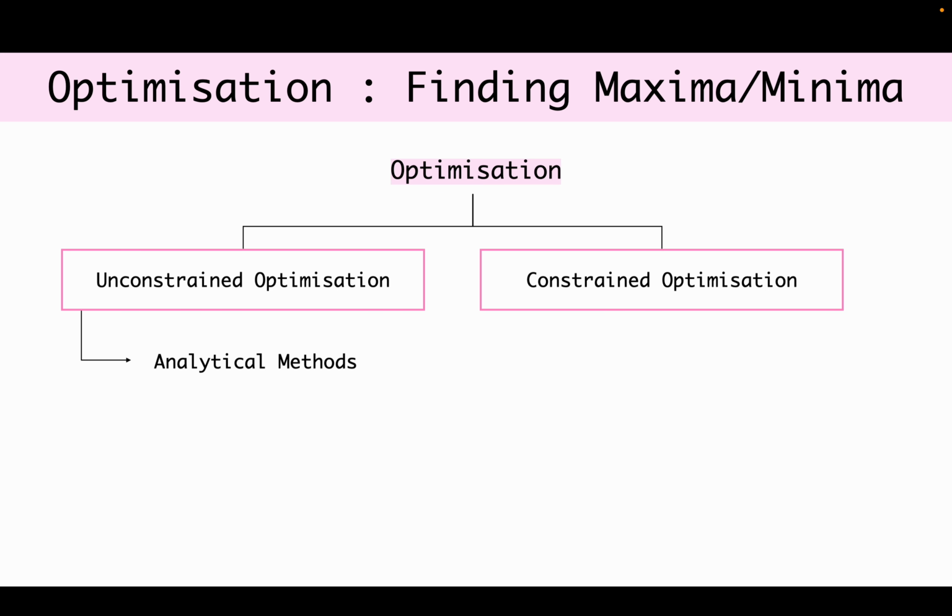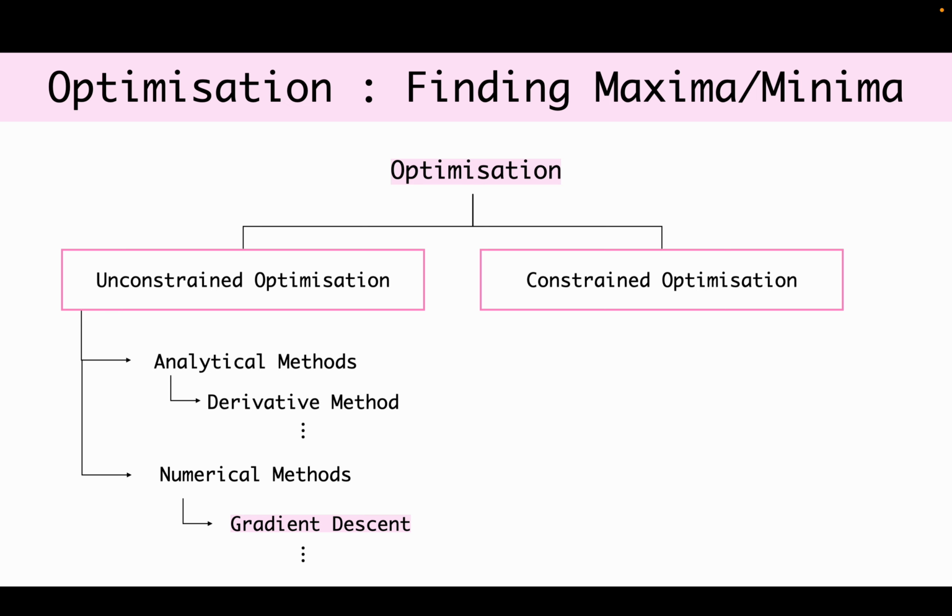So in unconstrained optimization, we have broadly two different kinds of methods. First are analytical methods, which are based on calculus, and the second are numerical methods, which are iterative methods. That's where we have gradient descent, Newton's method, etc. Coming to the constrained optimization, we can broadly categorize it into convex optimization and non-convex optimization.